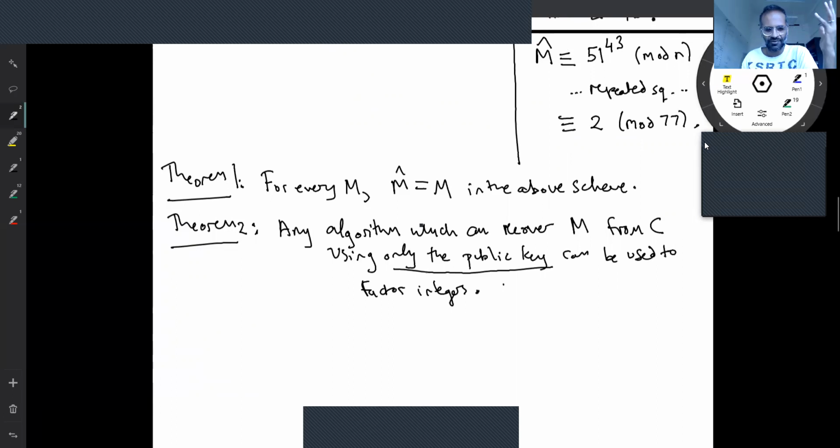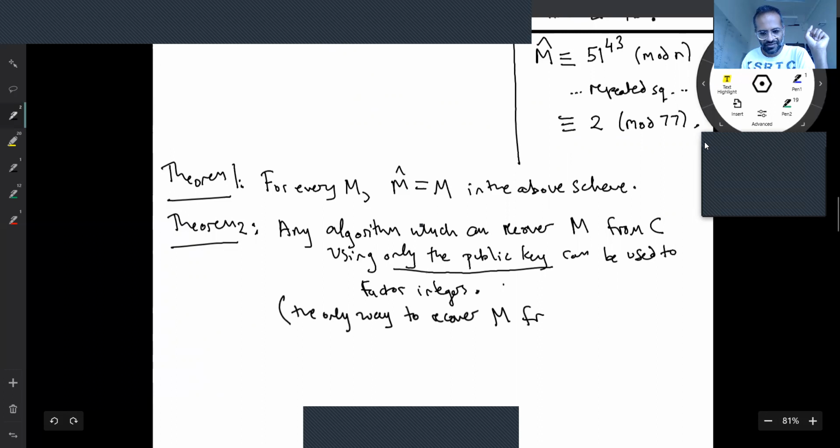We haven't proven that, but nobody has found a way to factor large integers. So in other words, the only way to recover the message from C is to know P and Q. There's no other way to do it. That's kind of what this is saying. In quotes, I'll put this, since it's not a formal statement.